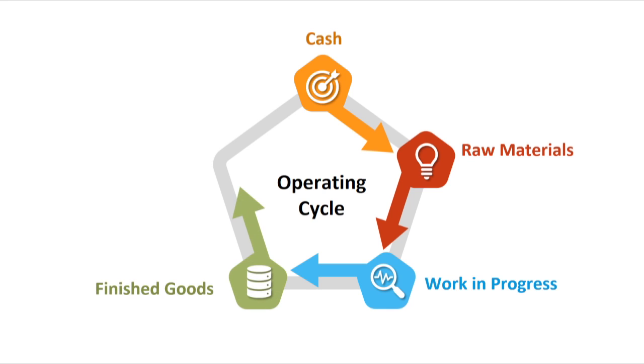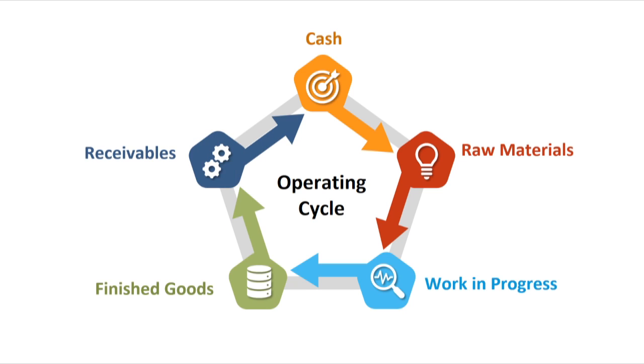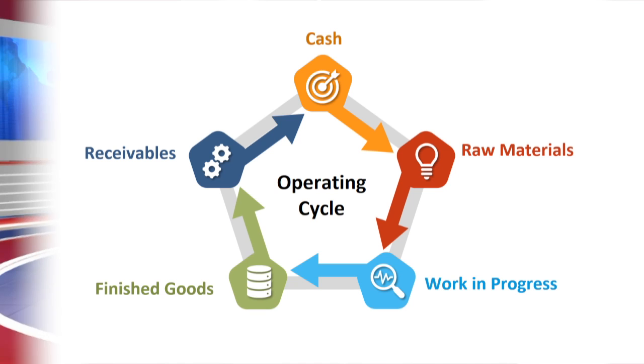The goods are ready to be sold, and then you sell them on credit, because normally in a business we sell them on credit, maybe 1 month credit, 2 months credit, 15 days credit, and then from there again you get back the money, again you have the cash. So, this is basically a cycle. It is known as an operating cycle or a working capital cycle, and the money which is required to run this cycle is known as the working capital.